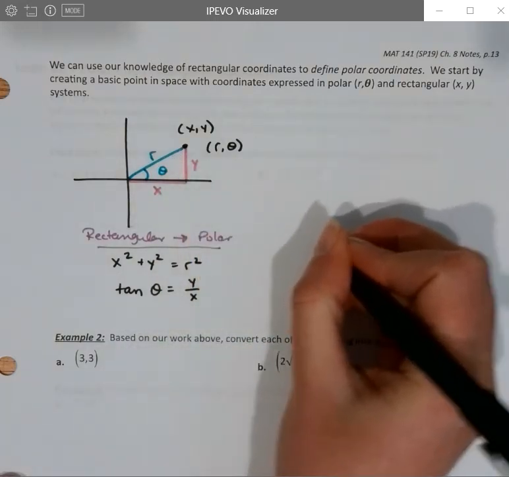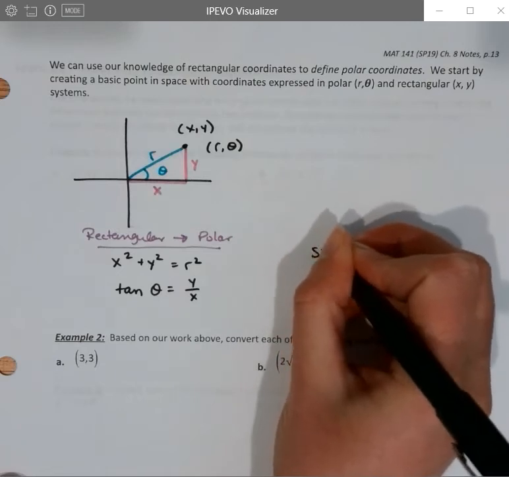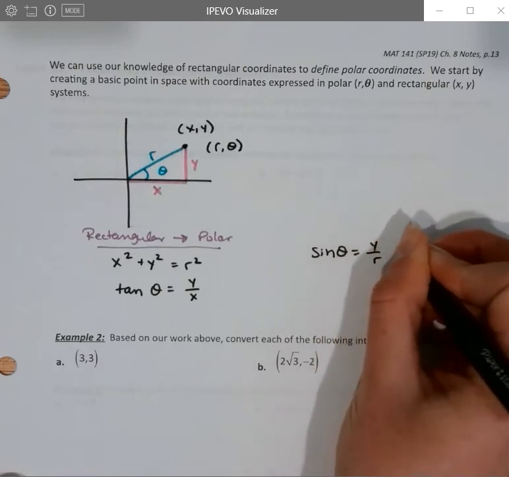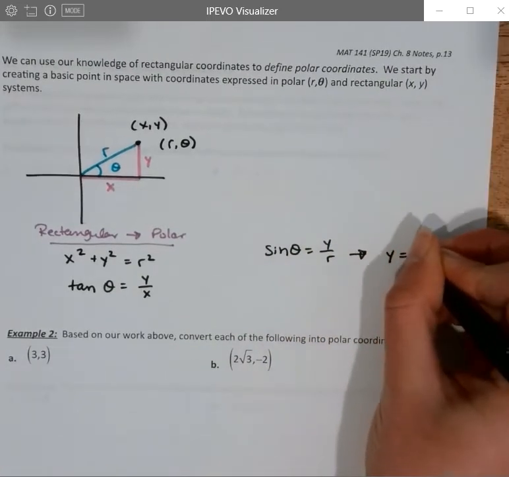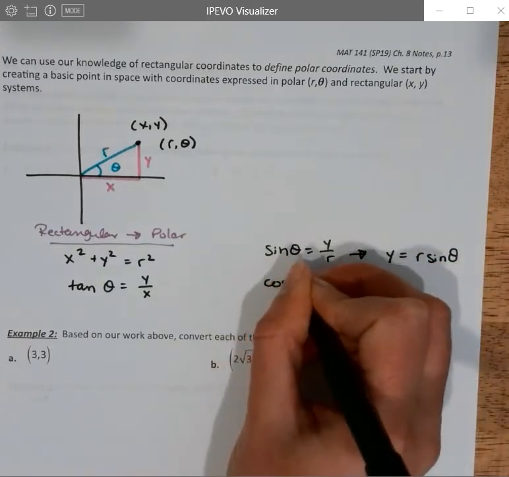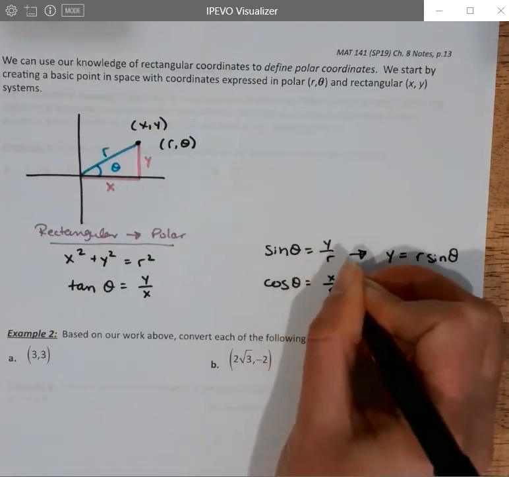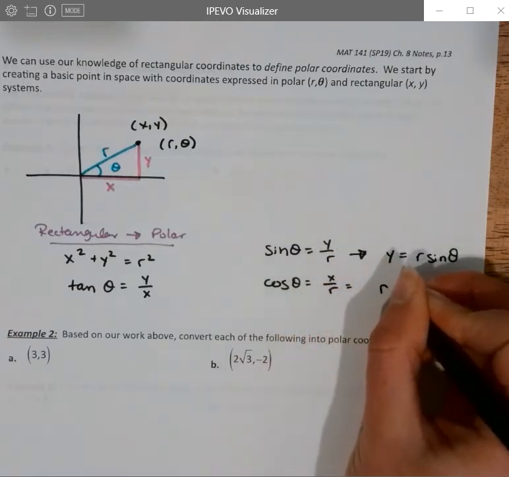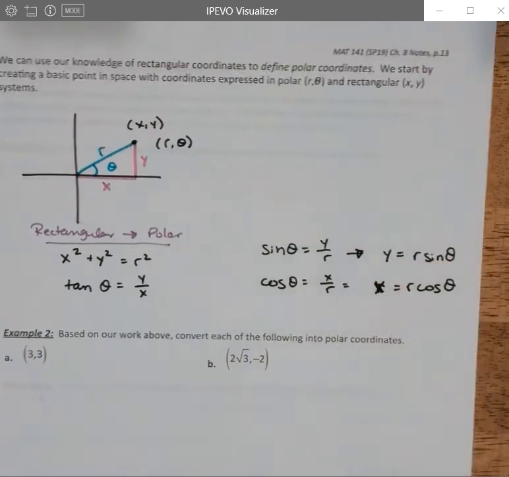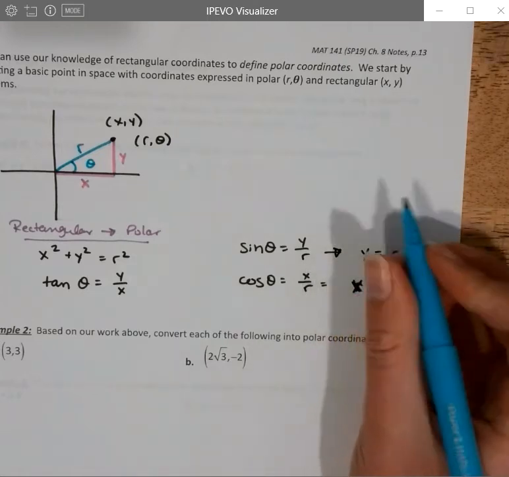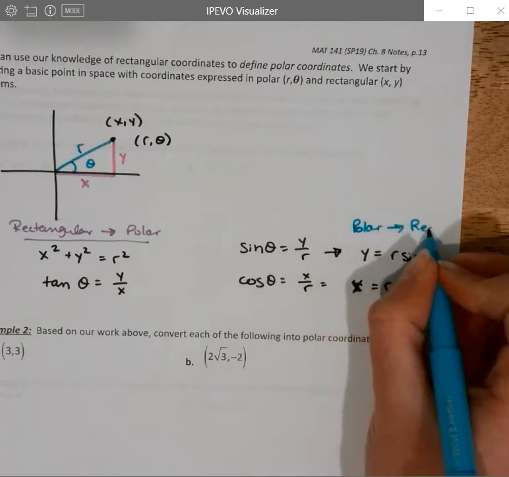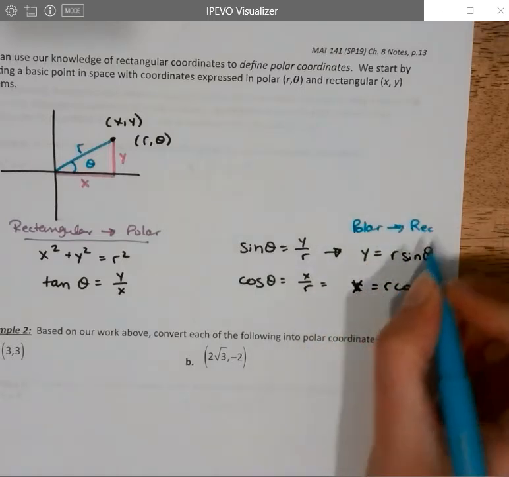So for example, sine of theta equals y over r, that would give me y equals r sine theta, and cosine of theta equals x over r, so that would give me x equals r cosine theta. Okay. So these two can be used if I want to convert polar into rectangular. So if I already have r and theta, I can find the x and the y.